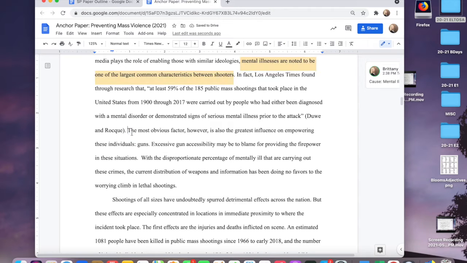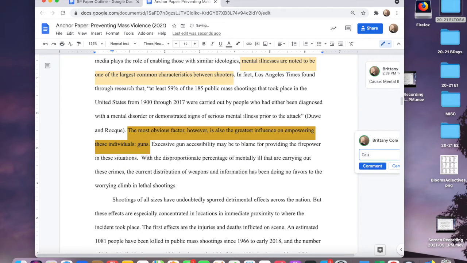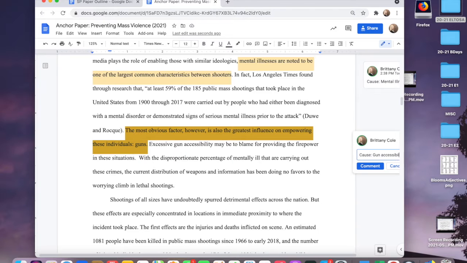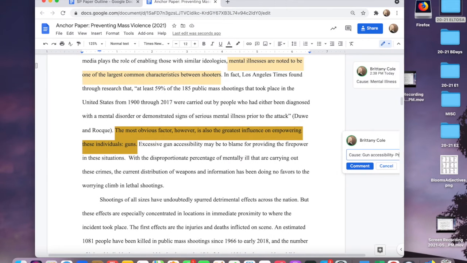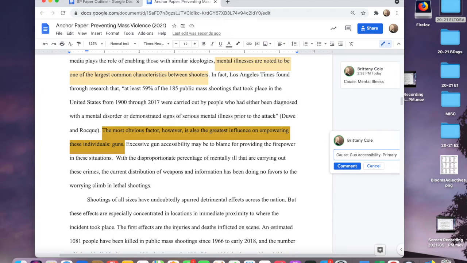And then it states here that the most obvious factor, however, and the greatest influence is guns. So I'm going to say that the cause here is gun accessibility. But based on the way that this is phrased, I'm going to also state that this is the primary cause, is the accessibility to guns, to firearms.